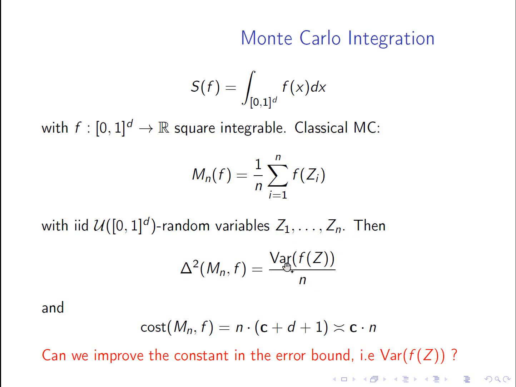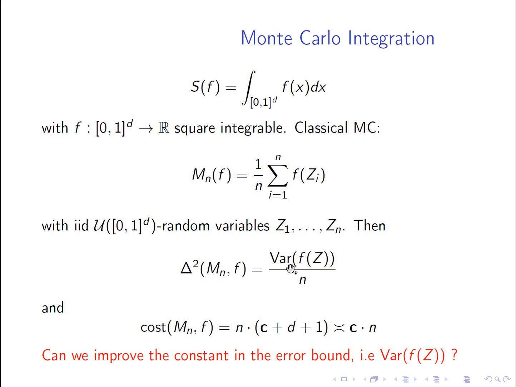So if we take the square root, we have here the square root of n, and so order 1/2. And the cost we have already seen for classical Monte Carlo is proportional to n, and the leading constant is dominated by the cost of the oracle for evaluating f.